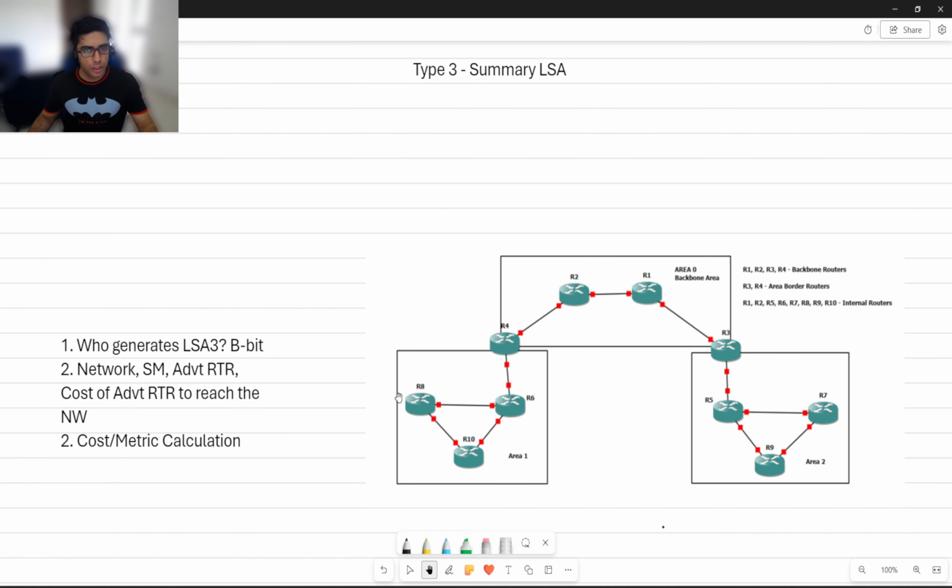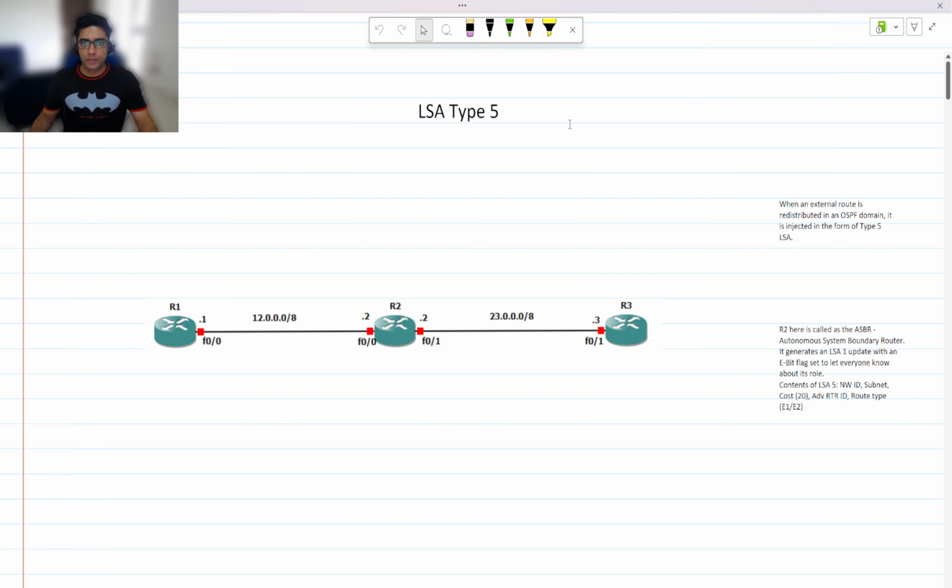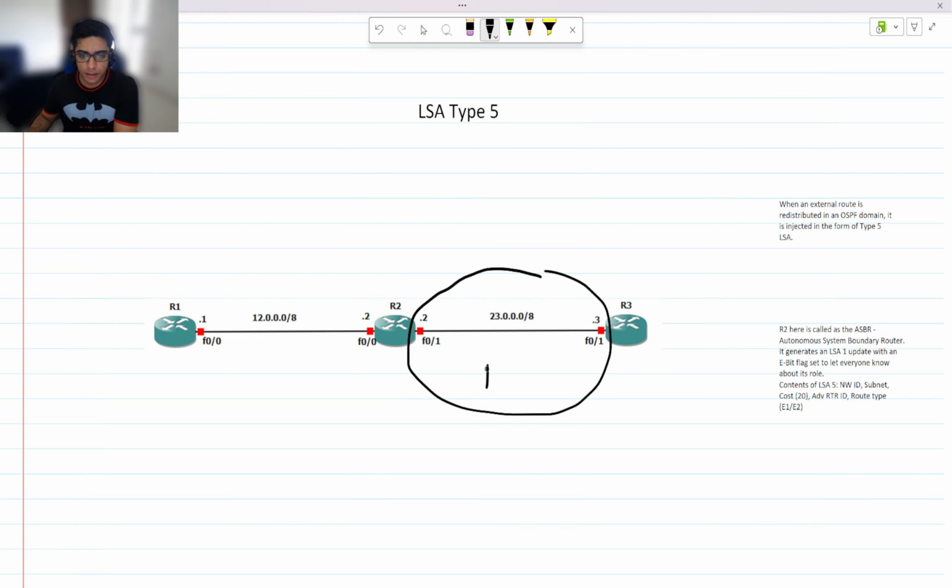So now let's get into today's discussion: LSA number 5 and 4. Let's discuss LSA type 5 first. Now imagine that this is an EIGRP network, meaning that EIGRP is running between R2 and R3, and OSPF is running between R1 and R2.